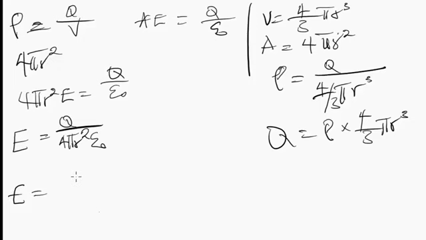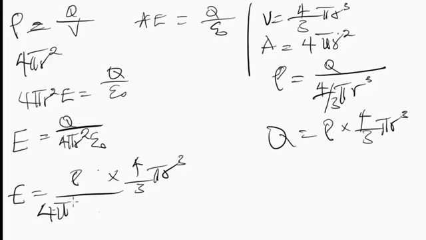So we simply have E to be rho times 4 over 3 pi r cubed, and this is over 4 times pi times r squared times E naught. So this is 4 pi r squared E naught. Now notice I have 4 pi r squared here and I have 4 pi r cubed here.